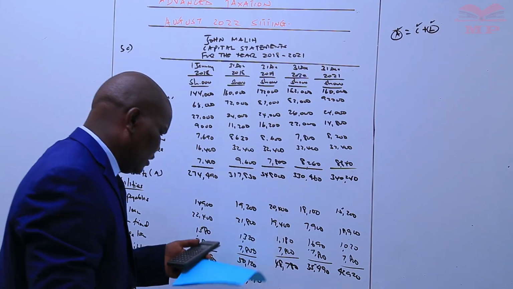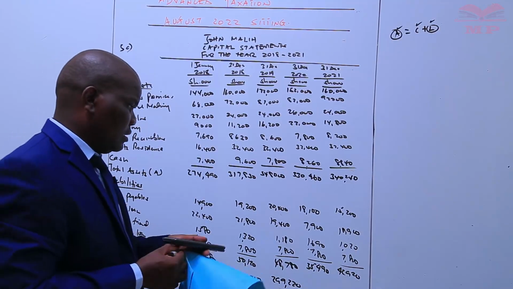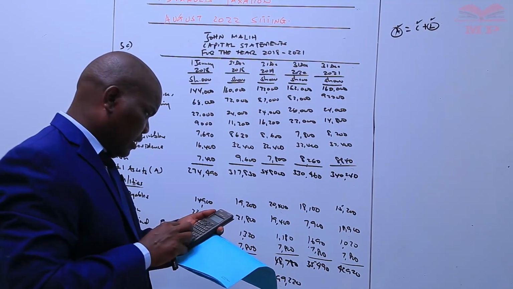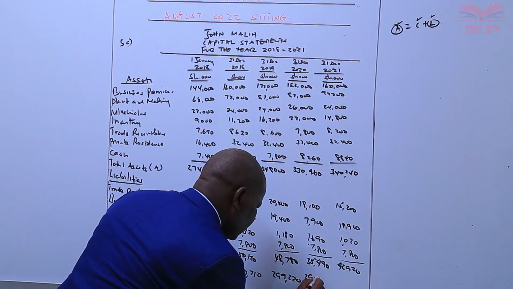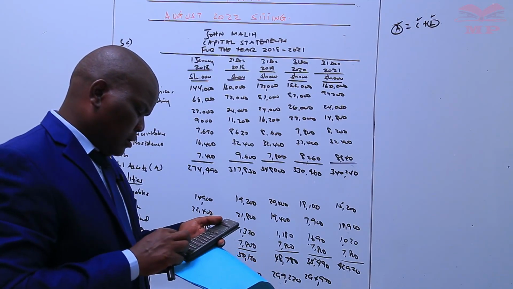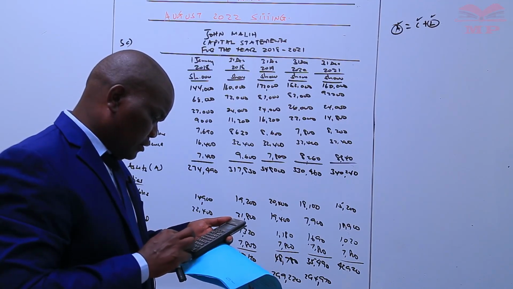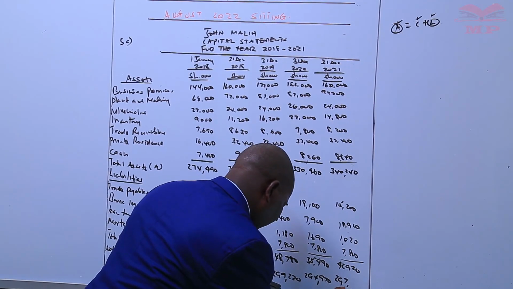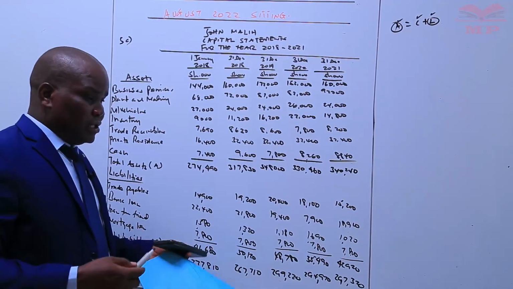I get 299,220. Next, 330,460 less 35,490. I get 294,970. And lastly, 340,240 less 42,920. 297,320. The next step now is to get what we call change in net worth.